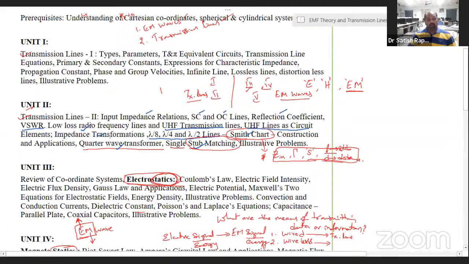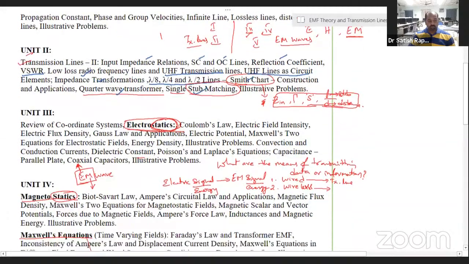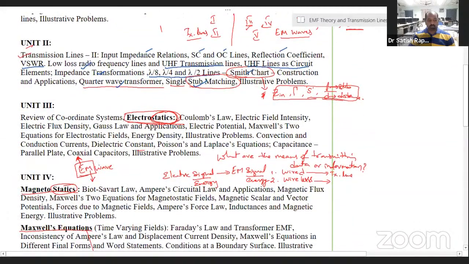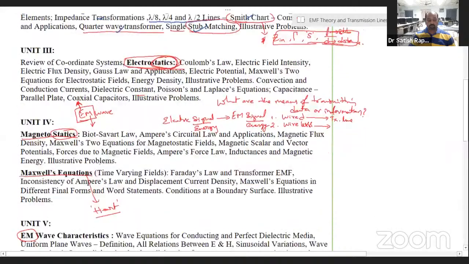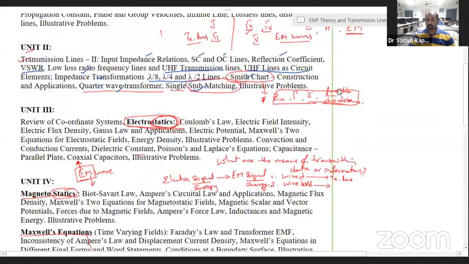And before I enter into unit 3, that is electrostatics, let me give an introduction to that.